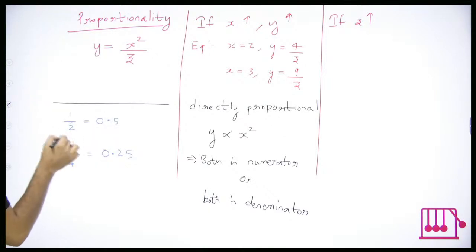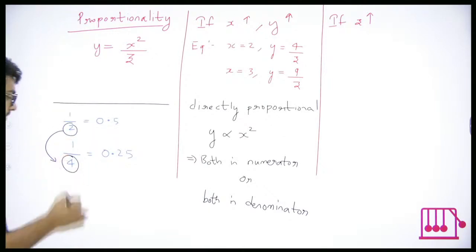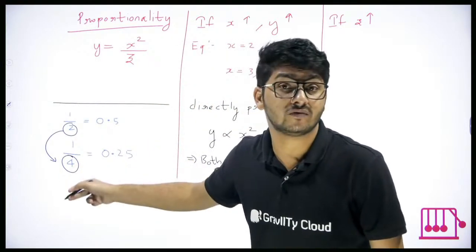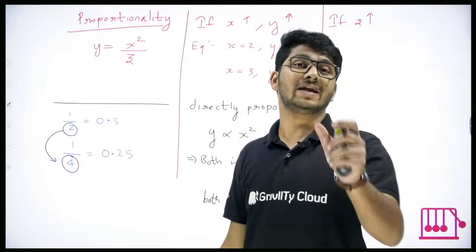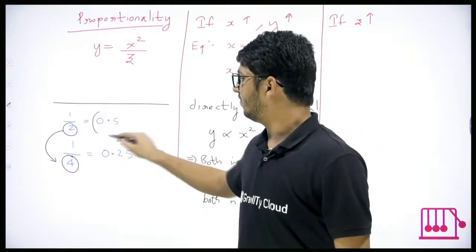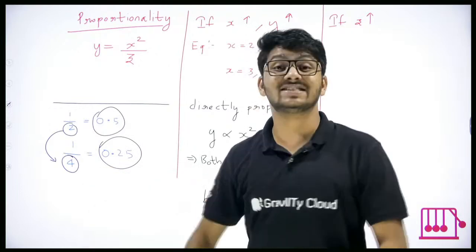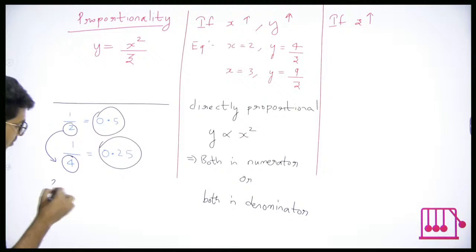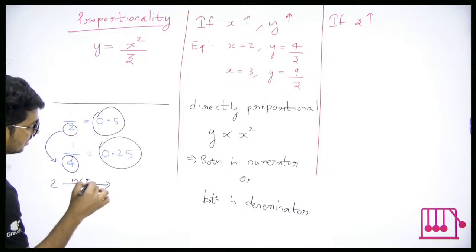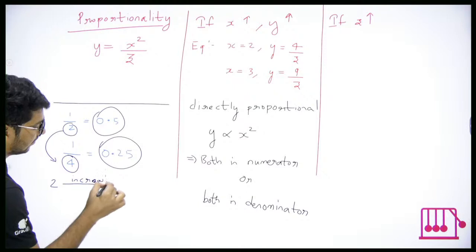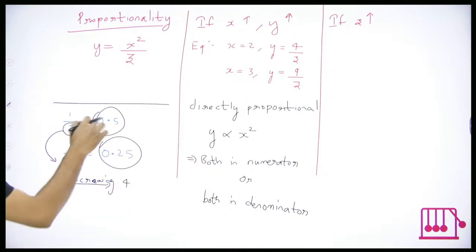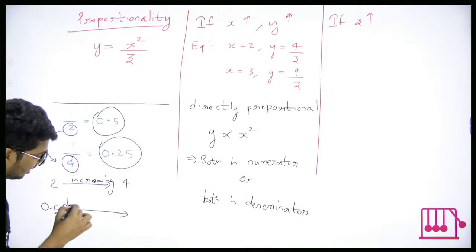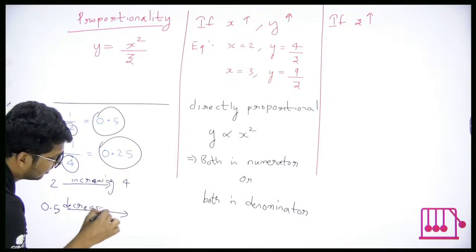Now look at the denominators, 2 to 4. Denominator has increased from 2 to 4. But what about the complete value, the fraction? Think of it in decimals. It is decreasing from 0.5 to 0.25. 2 to 4 is increasing, but 0.5 to 0.25, it is decreasing.